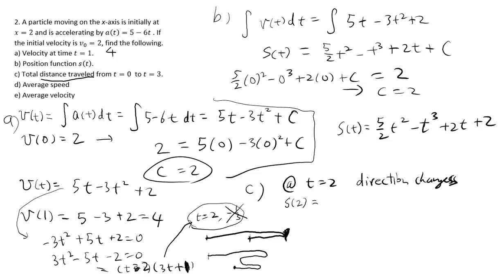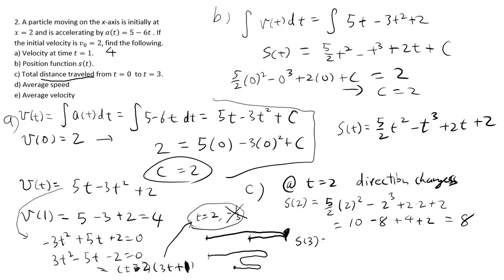Alright, so s of 2 equals 5 over 2 times 2 squared minus 2 cubed plus 2 times 2 plus 2, so 10 minus 8 plus 4 plus 2. So that's 8. Okay, so 8 is the position at time 2.